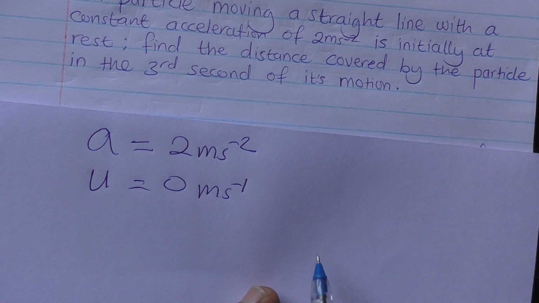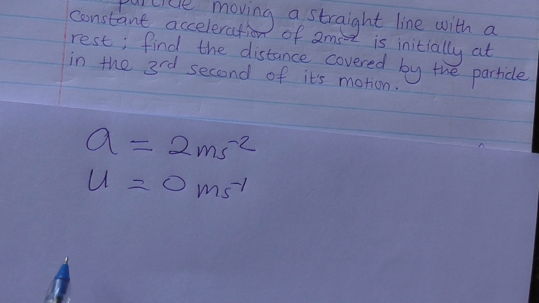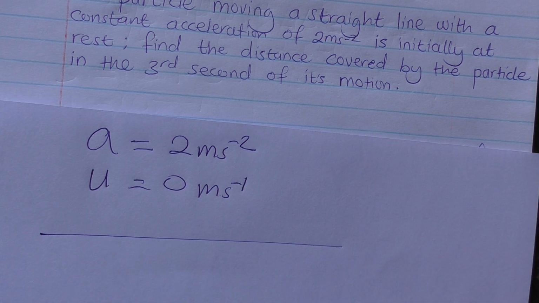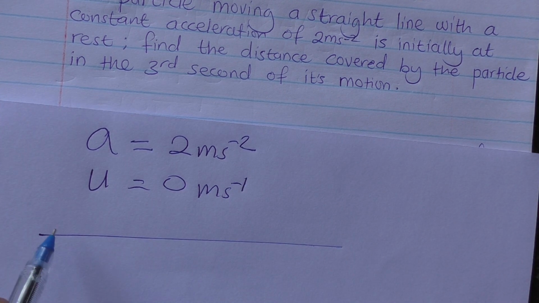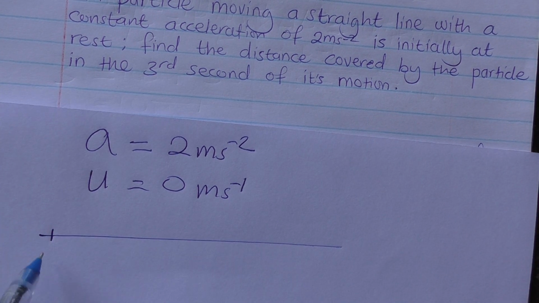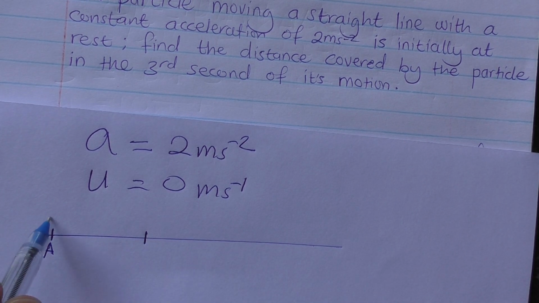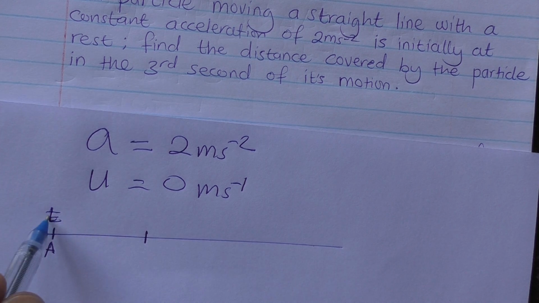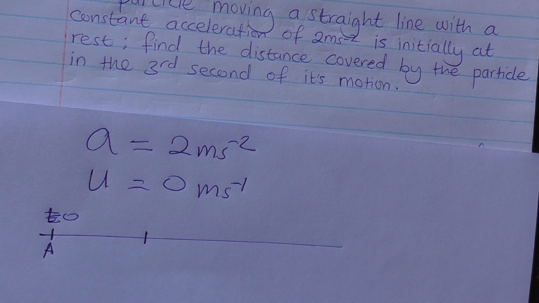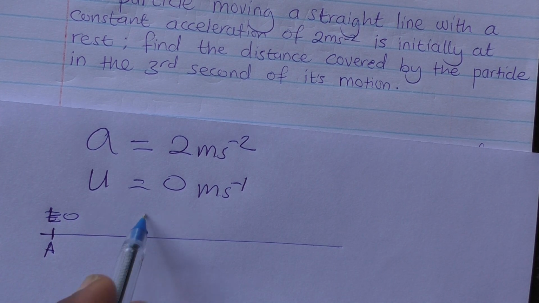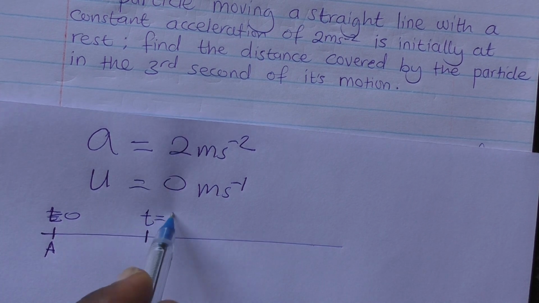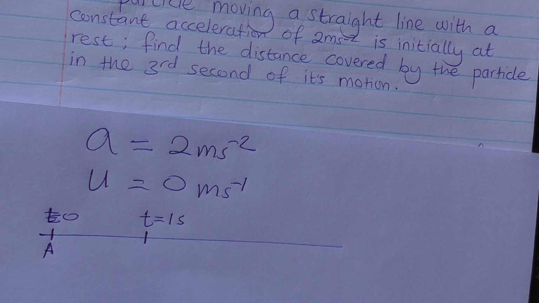Wow, this is quite interesting. So this one is moving in a straight line. Let's say it is from point A. At the start, time is 0. During the 1st second, time equals 1 second, and it covers some distance.